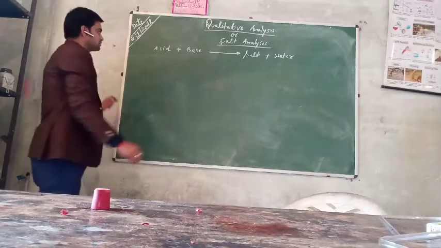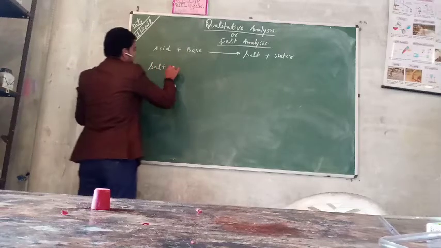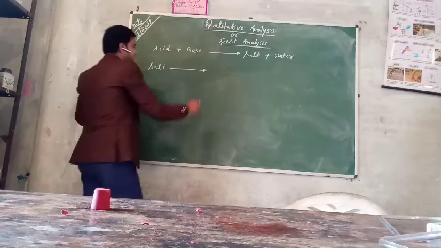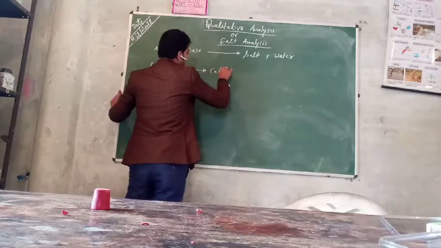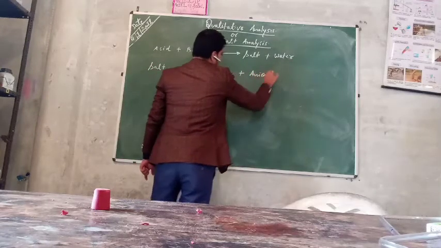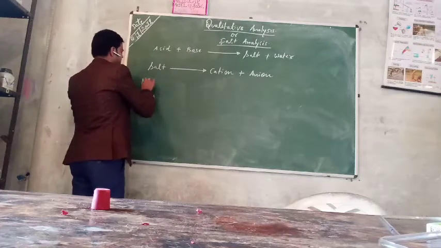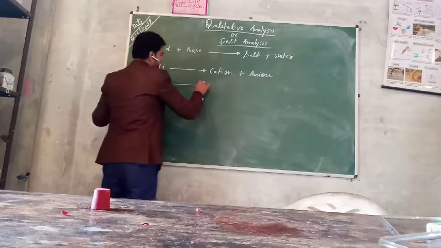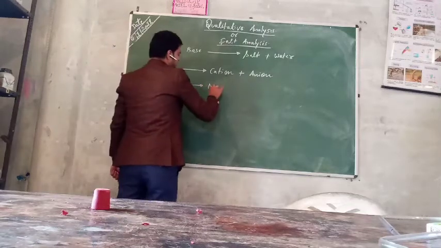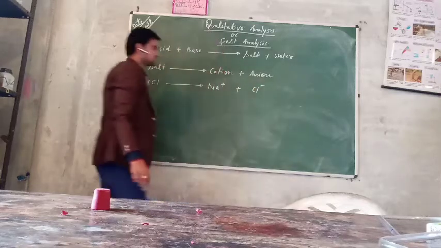So when any salt is given to you, this salt contains a cation as well as an anion. Like if the salt given to you is NaCl, the cation is Na plus and the anion is Cl minus.